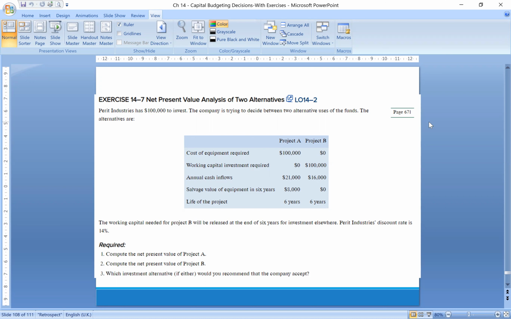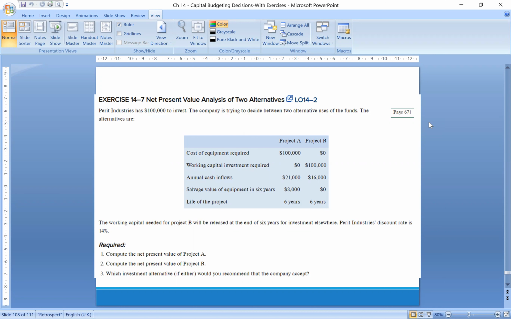We need a table. So the item 14.7, item, year, amount or cash, factor, present value. Okay, the net present value will be the answer.